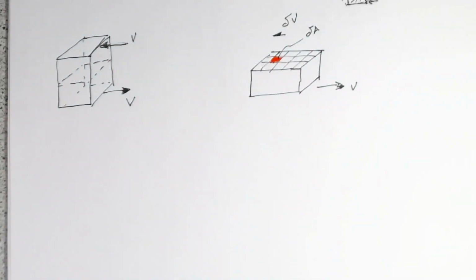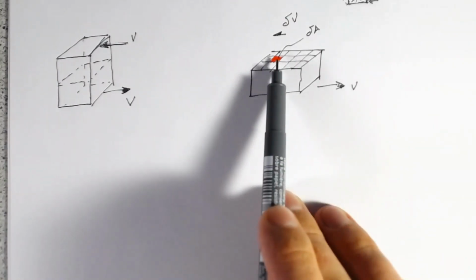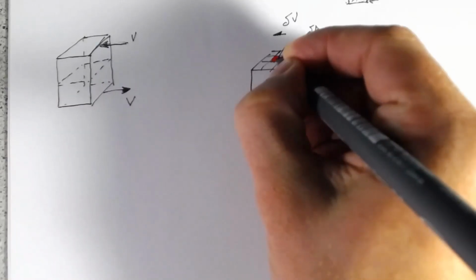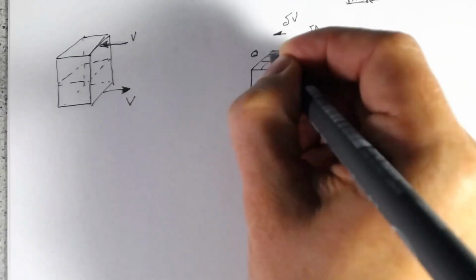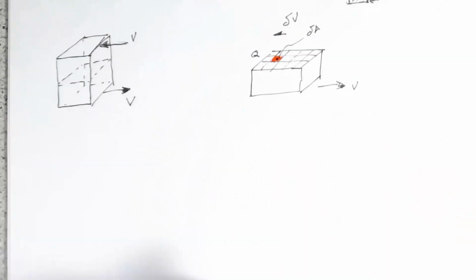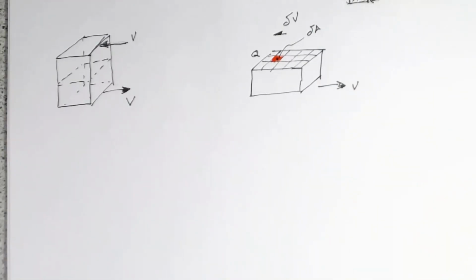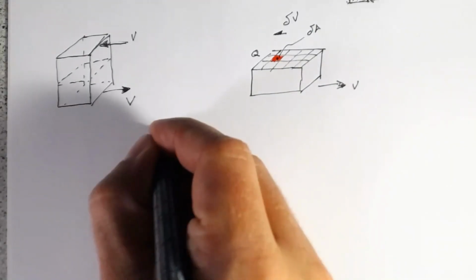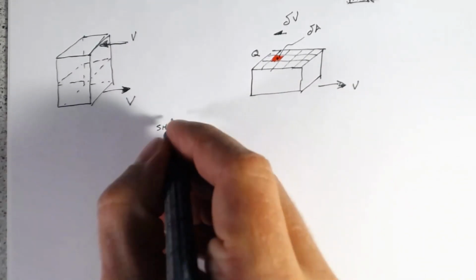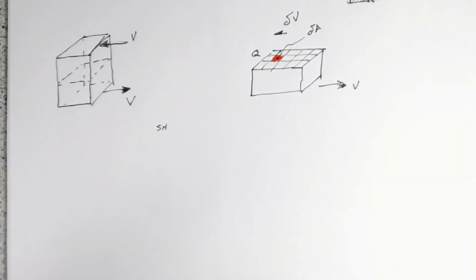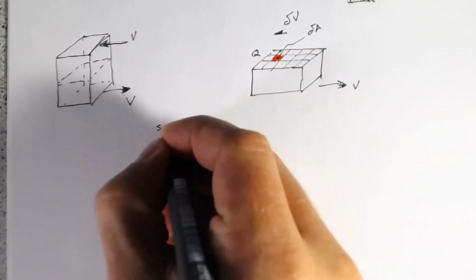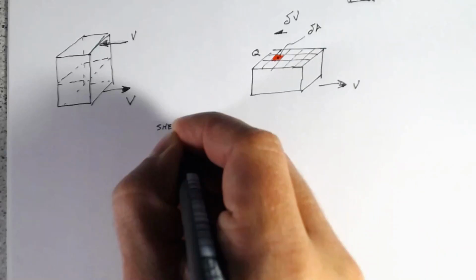Just like with axial stress, if we want to find the stress at this very central point Q, we need to make this area smaller and smaller and smaller. So the shear stress at a point is going to be very similar to the axial stress, but instead of acting normal, it's going to act tangential.